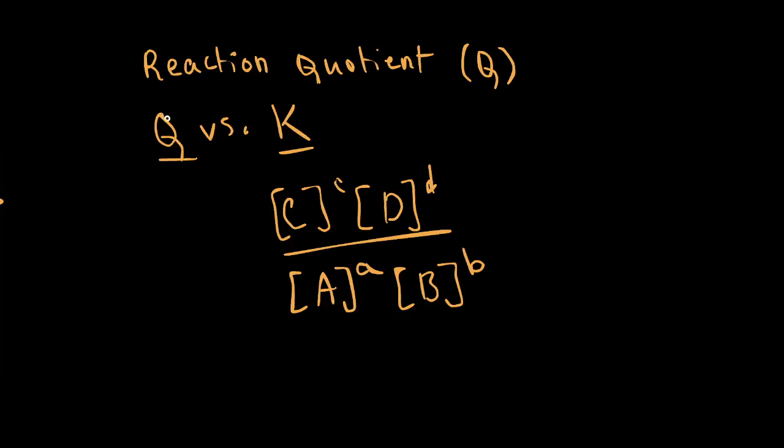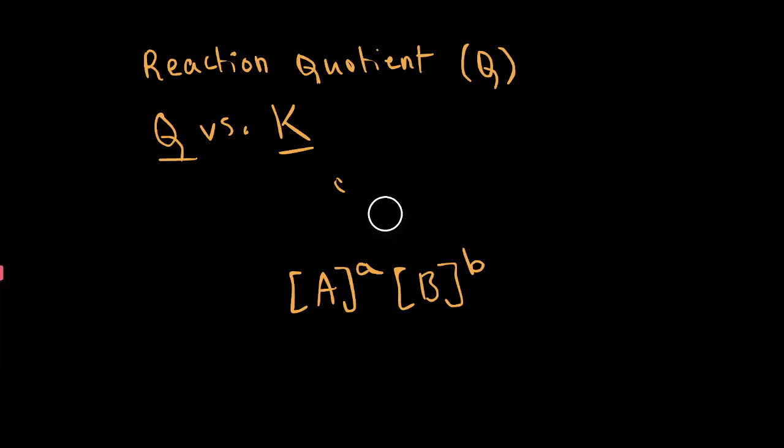And so because we are inserting the concentrations at some point in the progression of a reaction, before we've reached equilibrium or at a state not at equilibrium, we can then use this Q, and comparing it to our K, we can predict the direction in which a reaction will proceed or shift.